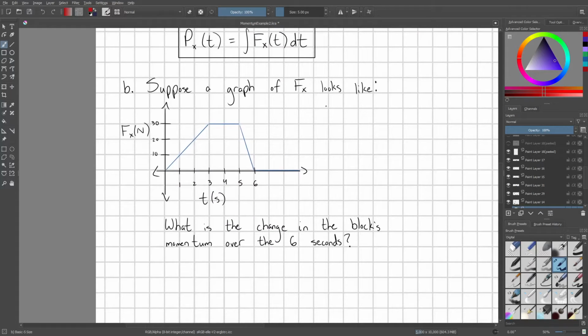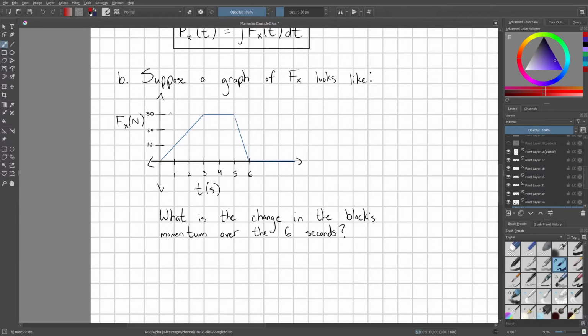Okay. So now for part B, suppose we have a graph of Fx that looks something like this. It's some arbitrary shape here. We have time on our x-axis and we have our force on the y-axis. We want to find the change in the block's momentum over the 6 seconds.